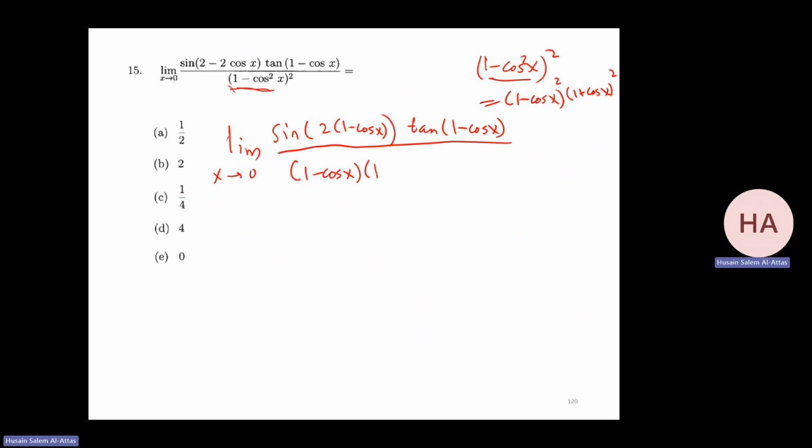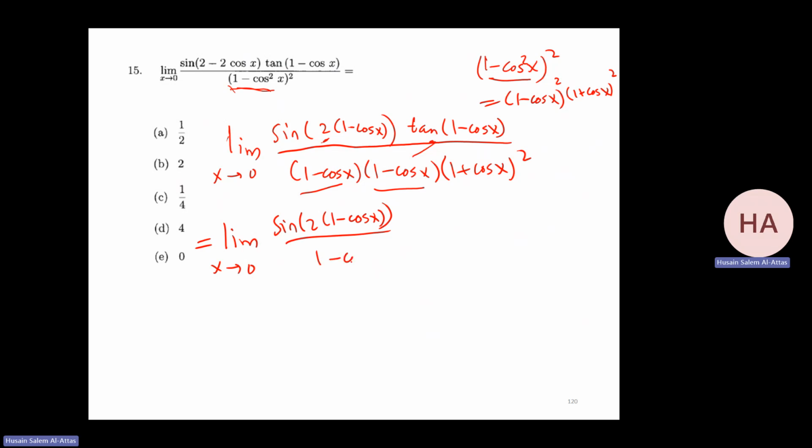I'll take one with tan and one with sine, but there is a need for 2 here. So let me split it this way: sine of 2 times 1 minus cosine x over 1 minus cosine x. But I need the 2, so I have 2 and 2.